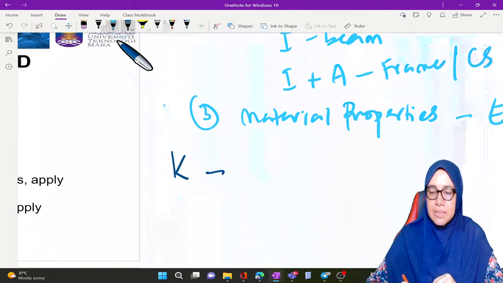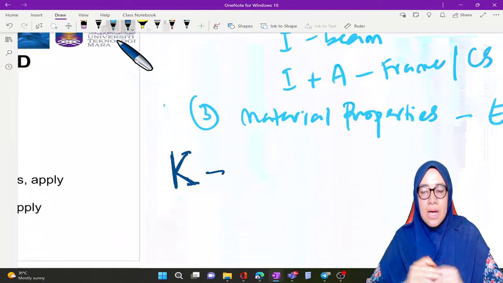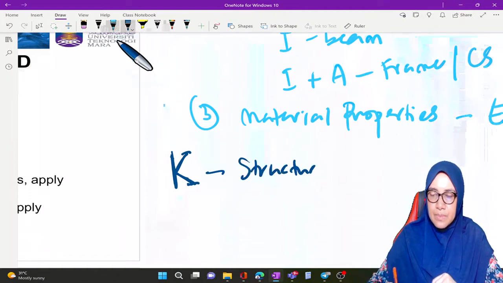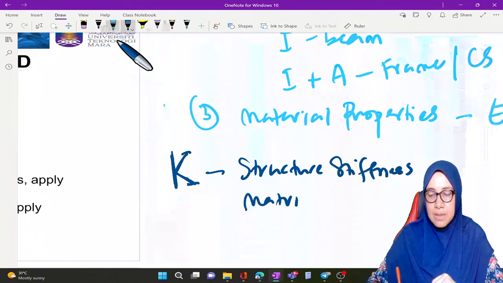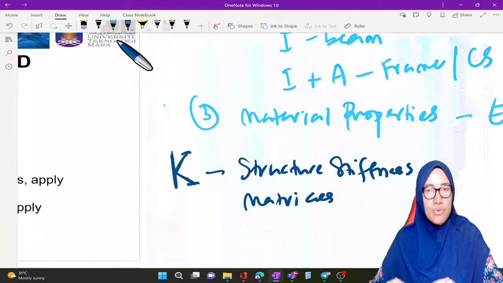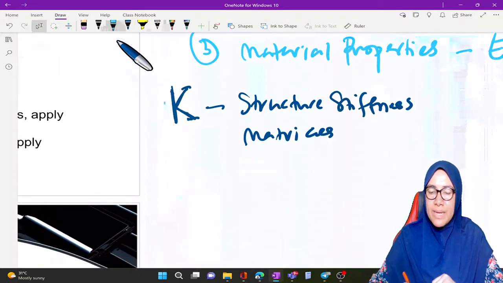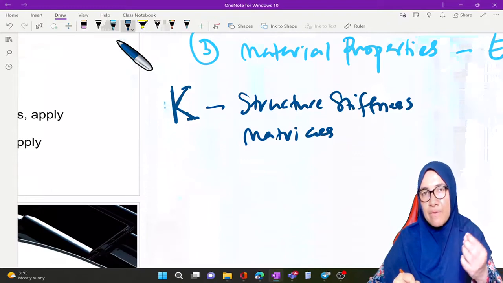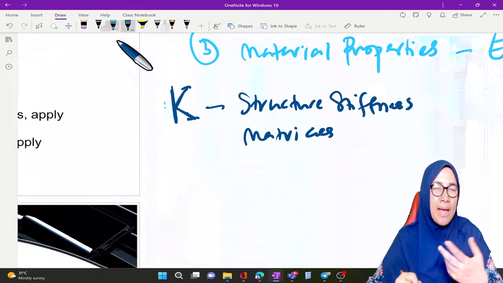K is capital K, the structure stiffness matrix. And how to get this? It is a combination of element stiffness matrices. Just now we got K1 and K2, K1 for element 1, K2 for element 2.